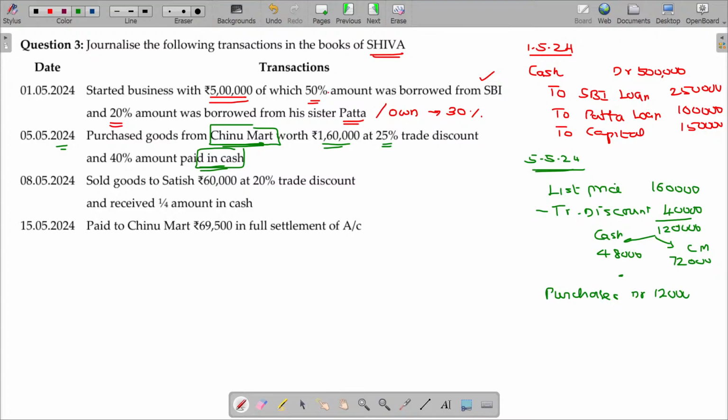The value of purchases being 1,20,000. We never care about the list price or trade discount. Immediately we made a payment of say 48,000 rupees. Balance 72,000 payable later on. Until that period, we have to keep the party's name in our mind to pay it back. Okay, that is 72,000.